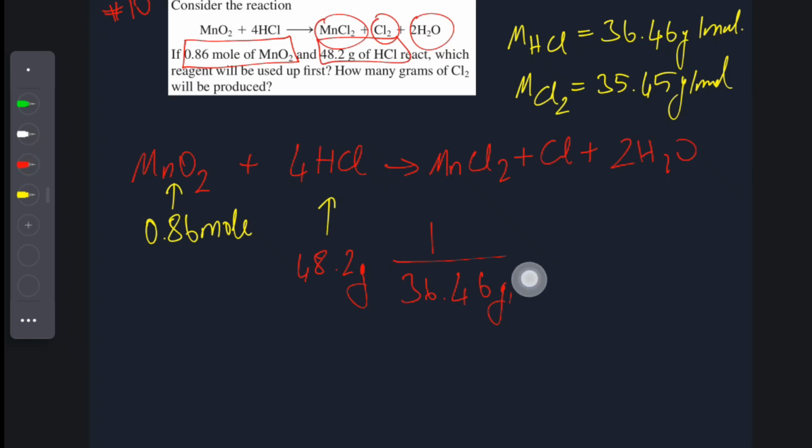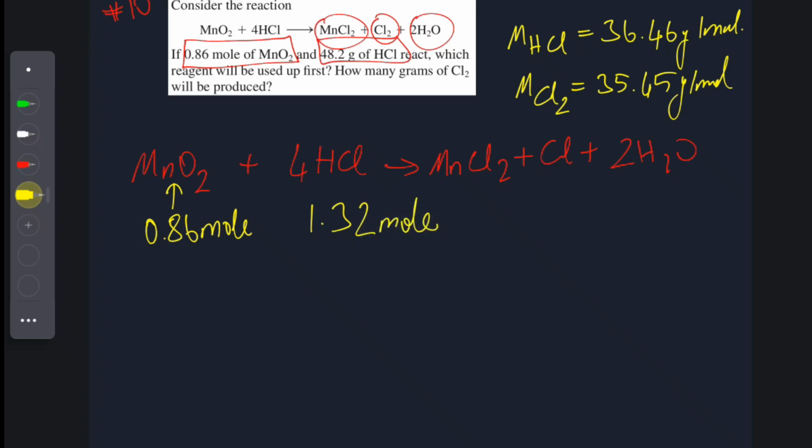And I can write the mole here. It can go up, and grams will cancel each other. So if you make the calculation, it will become 1.32 mole.